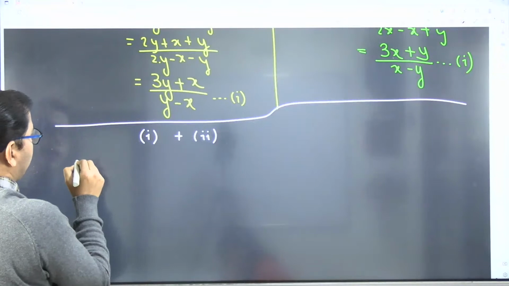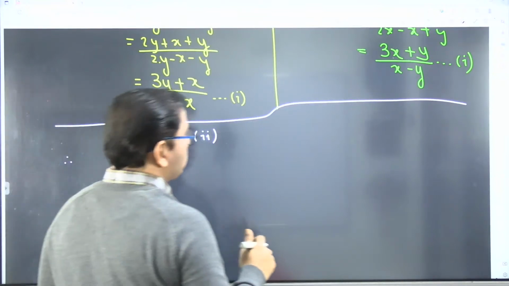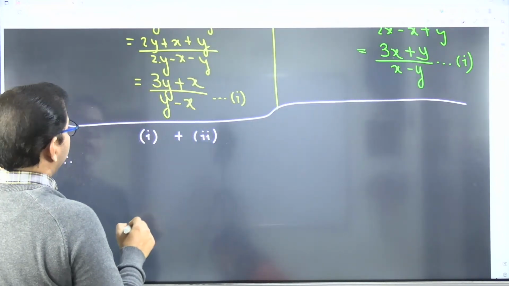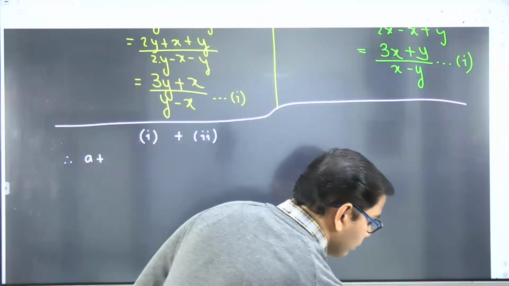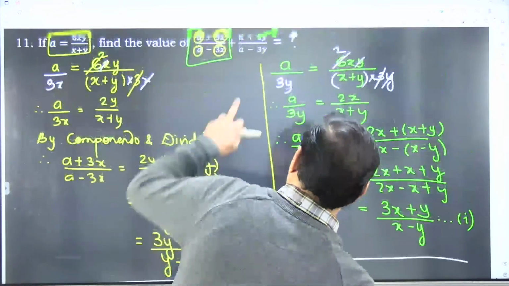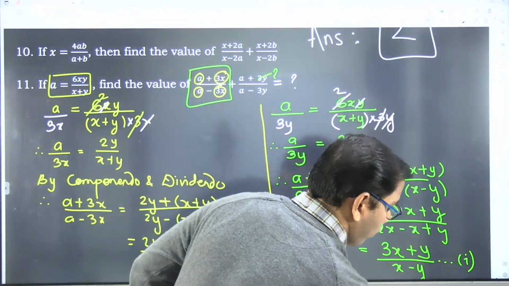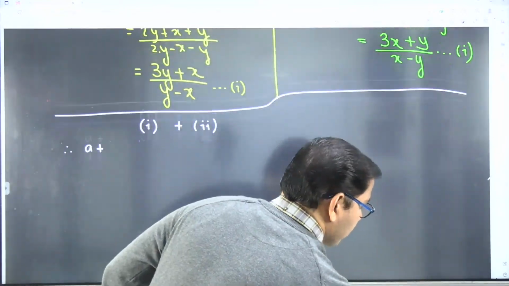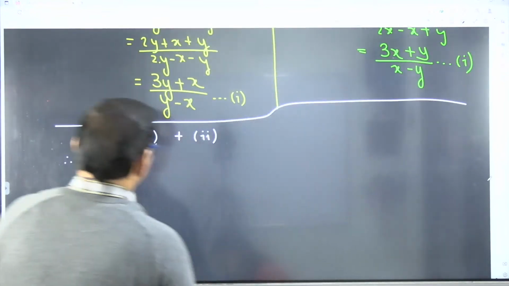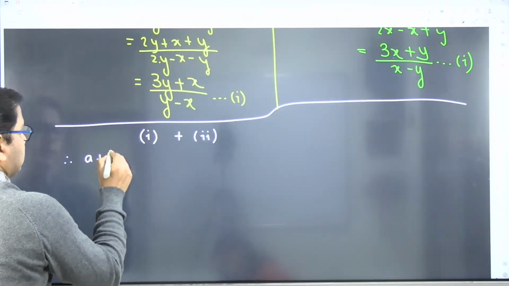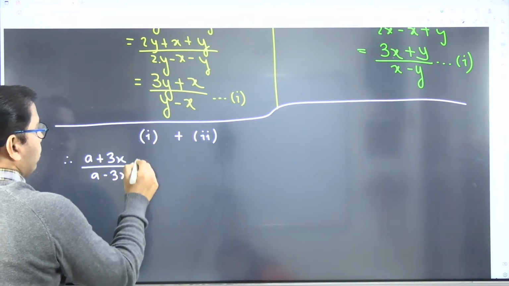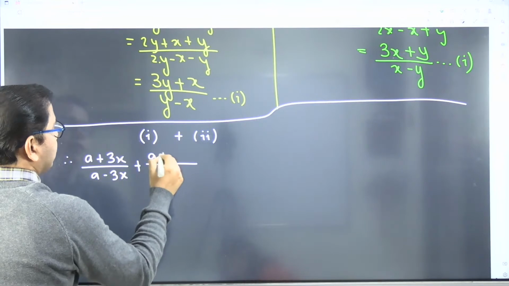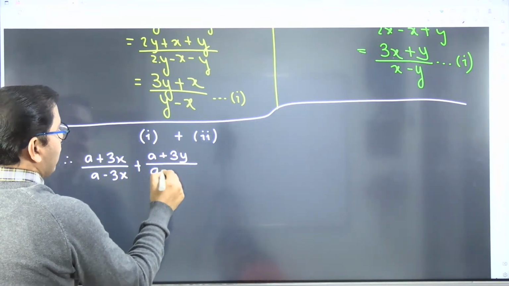So what is my left hand side? If I remember correctly, it is a plus 3x upon a minus 3x, plus a plus 3y upon a minus 3y.